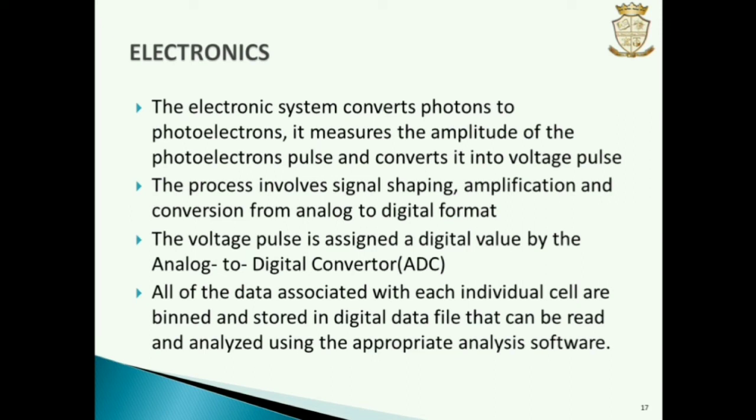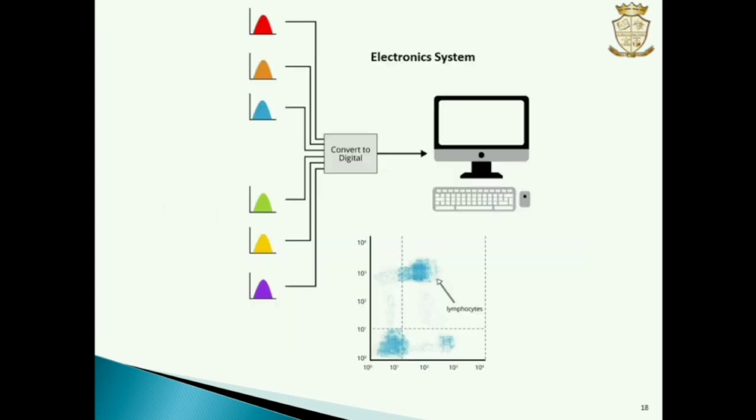The voltage pulse is assigned a digital value by analog to digital converter. All of the data associated with each individual cell are binned and stored in digital data file that can be read and analyzed using the appropriate analysis software. This is the schematic representation of electronic system.